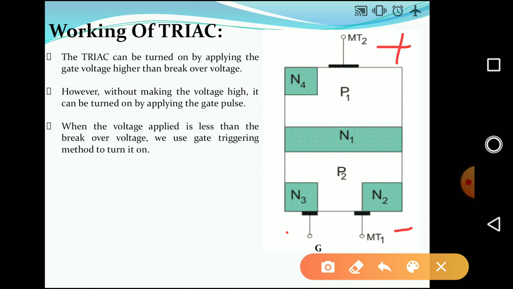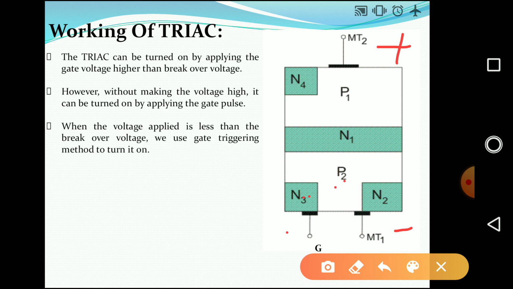So from MT2 to MT1 or MT1 to MT2 we make the TRIAC forward biased, and if the supplied value is less than the breakover voltage, in that condition we need to apply the gate pulse here. So as we apply the gate pulse, this TRIAC can start conducting, because the gate is connected to the P layer as well as the N layer. So any supply makes these junctions forward biased, and once the junctions are forward biased, the TRIAC starts conducting here.